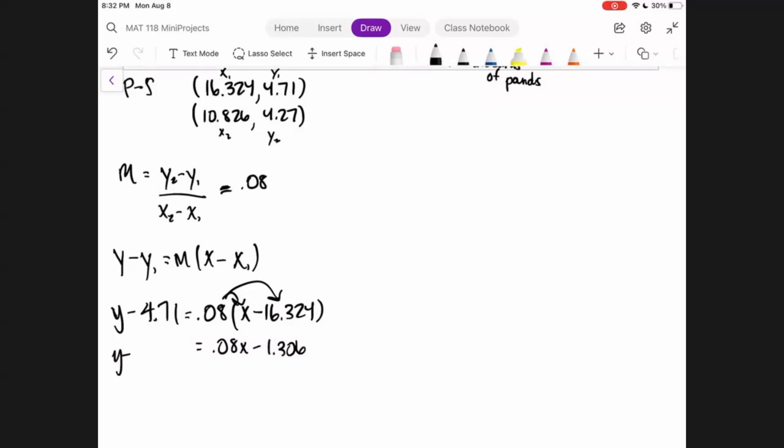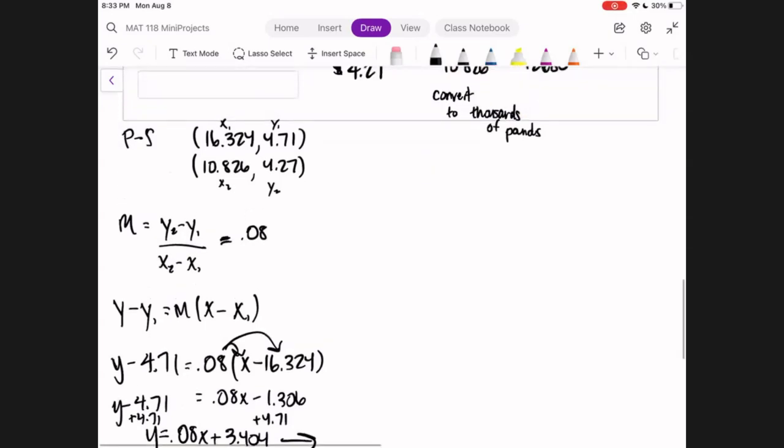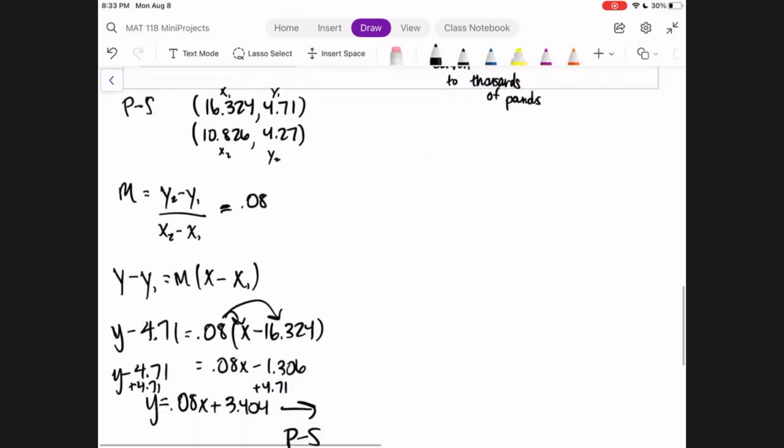And then y minus 4.71, and then we add over the 4.71. So 0.08x plus 3.404. So this is your PS, equation price supply. And now, as you probably guessed, we need the same thing for price demand.